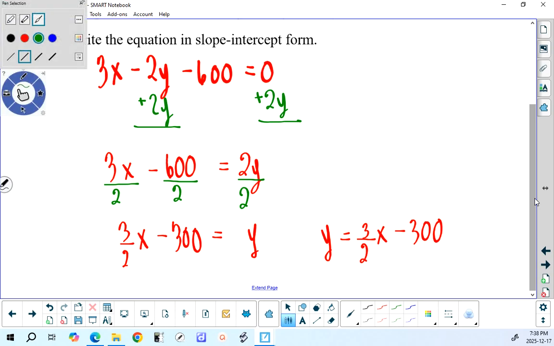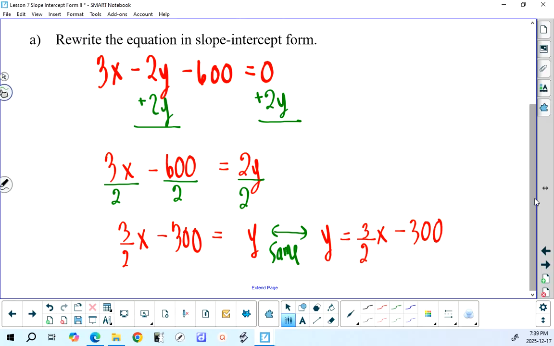It doesn't matter whether I write y now on the left or the right. If y is equal to 3 halves x minus 300, 3 halves x minus 300 is equal to y. It doesn't matter how we look at it. So we have written the equation in slope-intercept form.